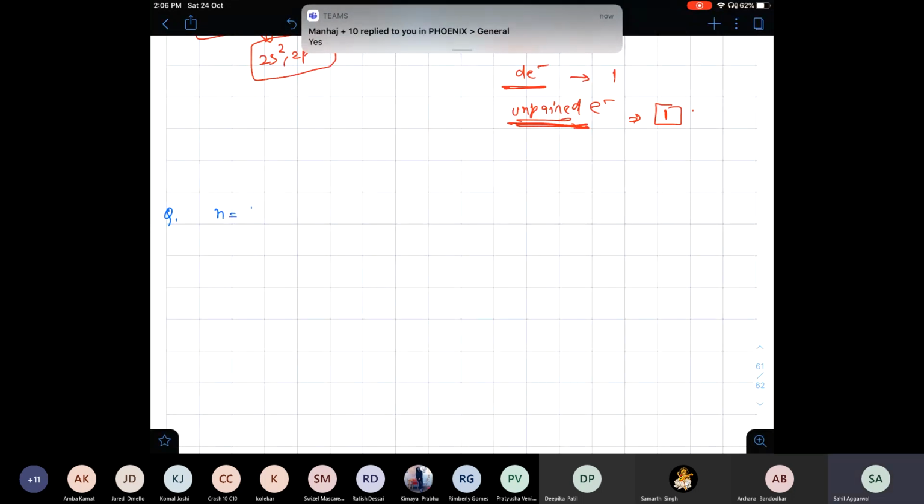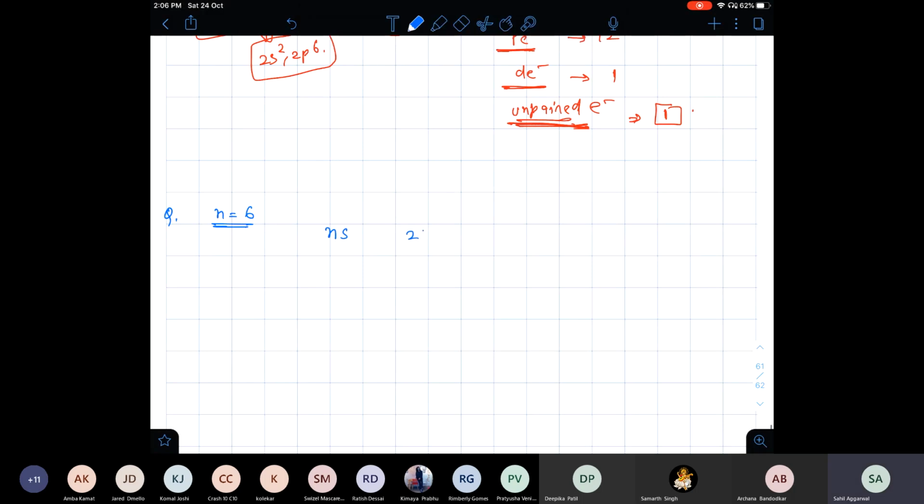If n is equal to 6, then what will be the order of energy of subshells? Increasing order of energy of subshells.